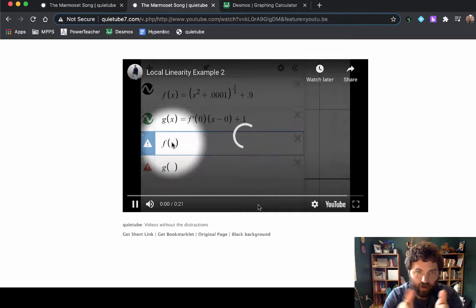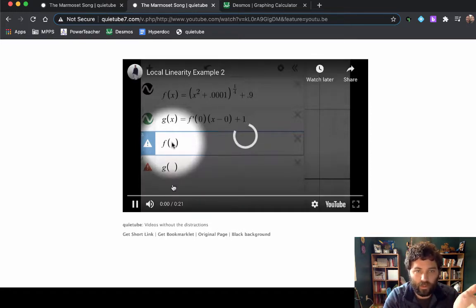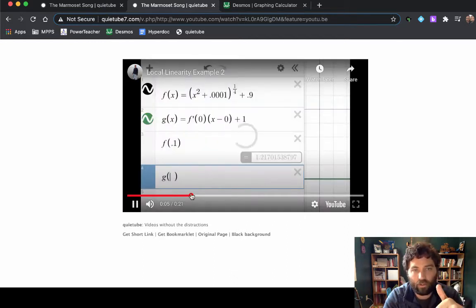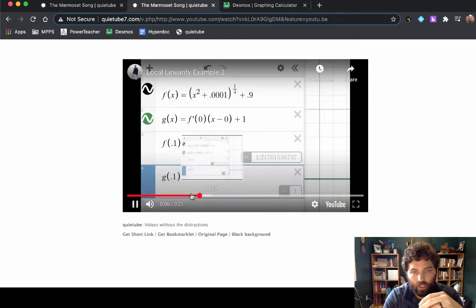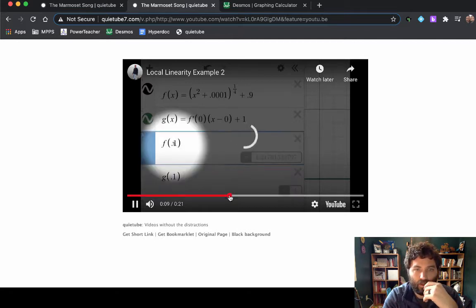So I have f of x there, and I have g of x as the linearization. This is going to be sort of ugly here, but you can see that if I plug in f of 0.1 and g of 0.1, I got 1.2 and 1 for each of those values.